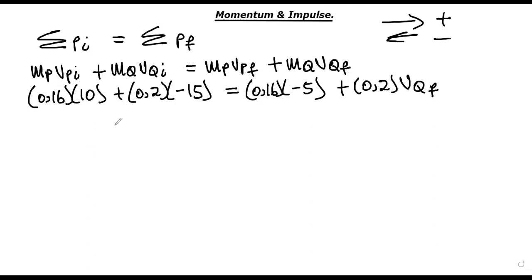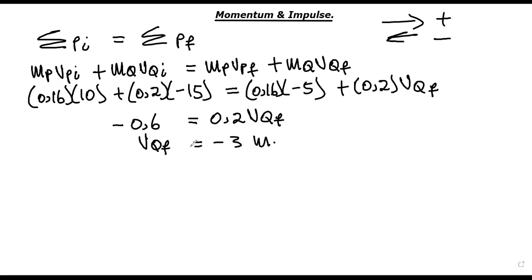Then I get negative 0.6. This is equal to 0.2 times the final velocity of Q. From this point, I divide both sides by 0.2. So VQF is just going to be -3 meters per second.